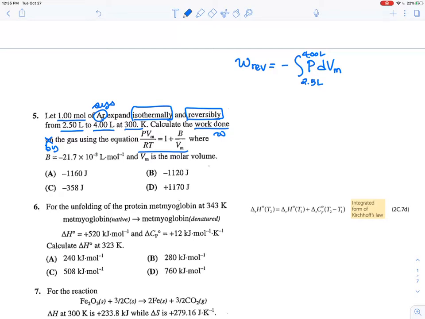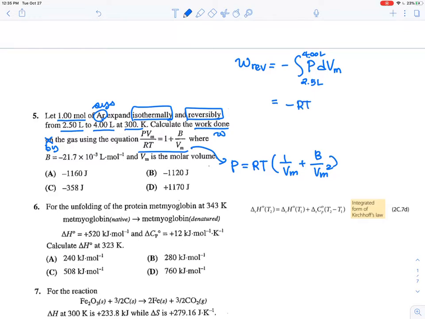So using P, which is RT over Vm, minus B over Vm squared, I am going to put this equation inside to do the first one.